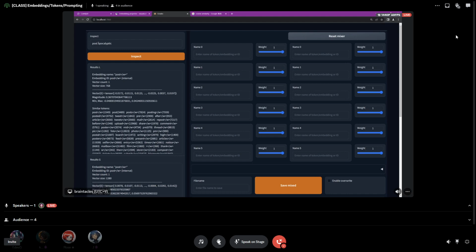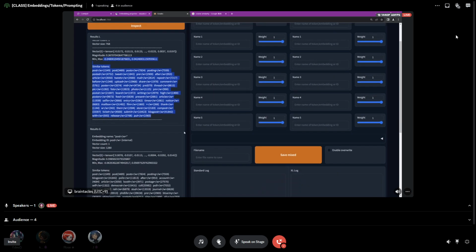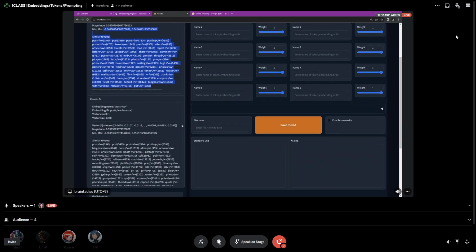That's what you get, and down is going to be the same because both of them really share the vocabulary. So the answer for the inspection is going to be the same always, but the similar tokens are going to be different. That's what differentiates them.